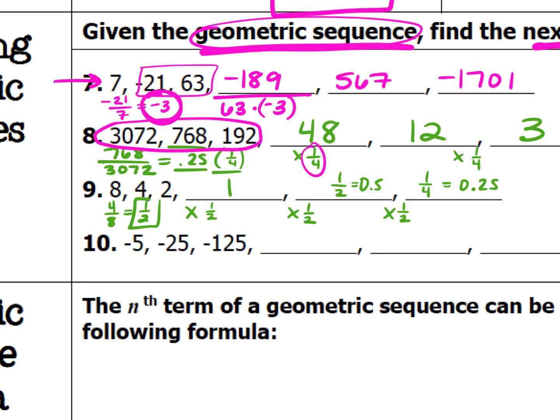A fraction or decimal. Yeah, so this was 1/2, this was 1/4. They were getting smaller as we went from left to right. Okay, so that's a good way for you to check, am I multiplying by the right thing? If you're multiplying by a whole number, that number should be getting bigger. If you're multiplying by a fraction, it is less, it's getting smaller, okay? Questions on that? Okay.